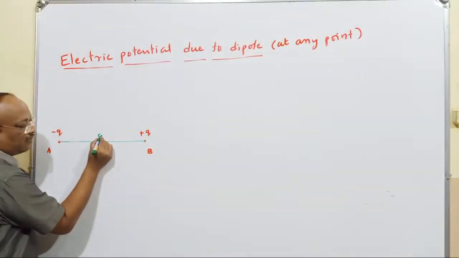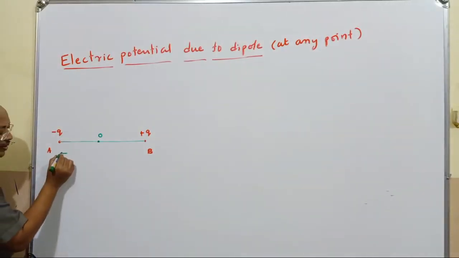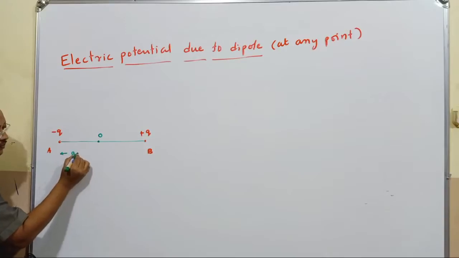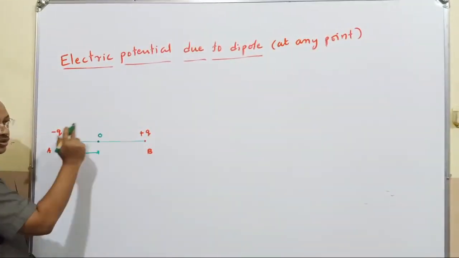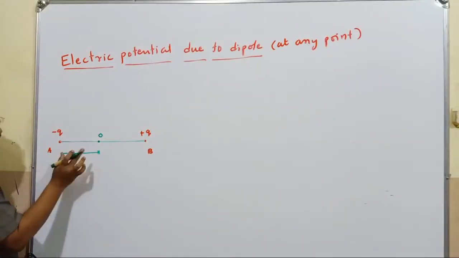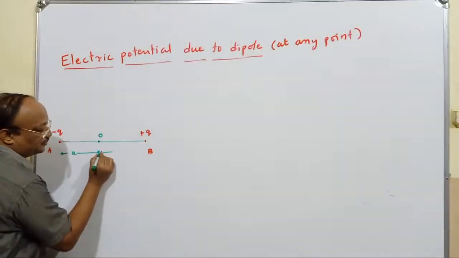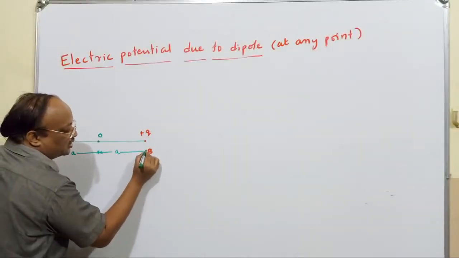So it is our center O. From the center, since the total dipole length is 2a, from the center to this charge it is at a distance a, and here also this distance is a.